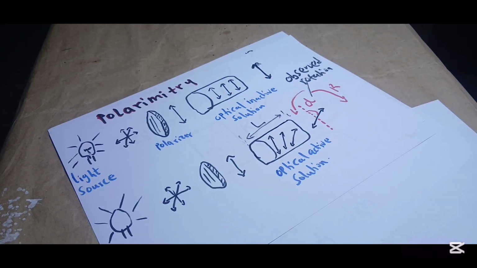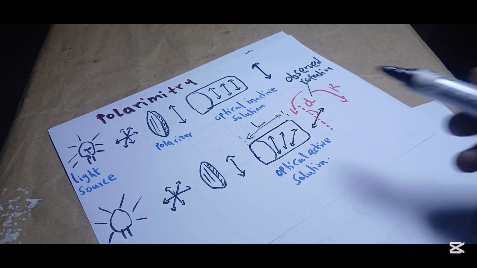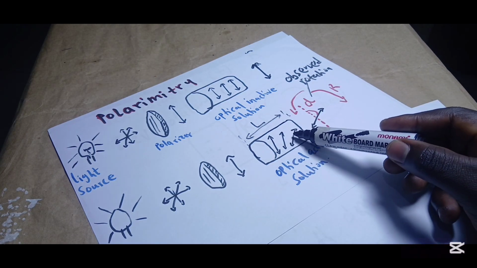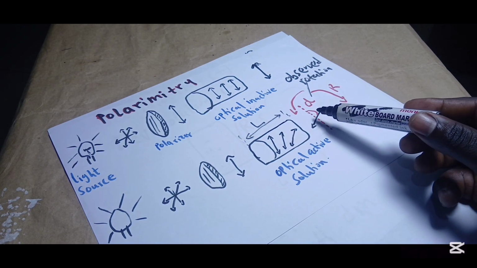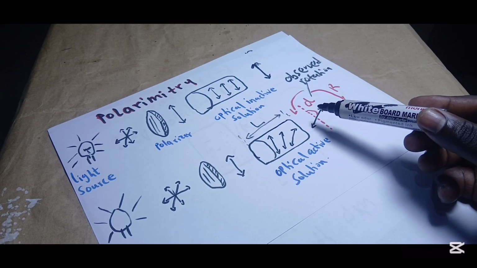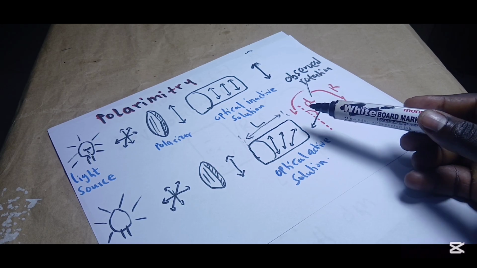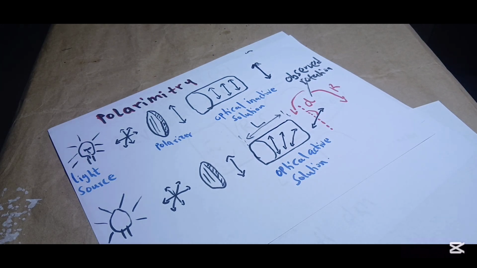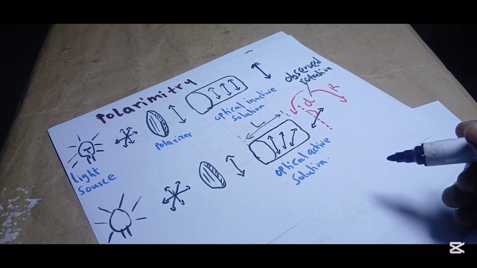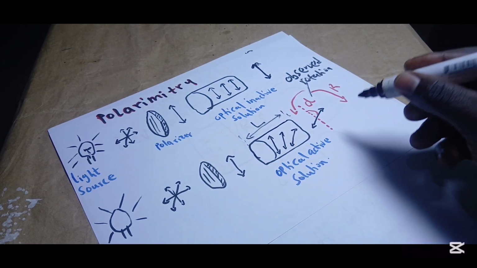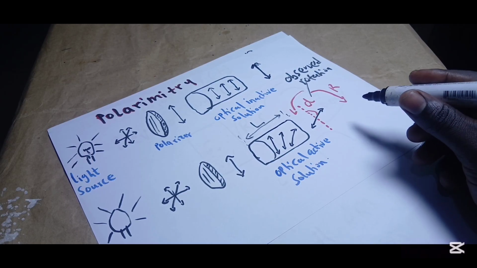One thing I need you to know is that if the polarized light passes through the solution and there is no rotation, that is not a guarantee that the solution is optically inactive. The solution might form a racemic mixture.